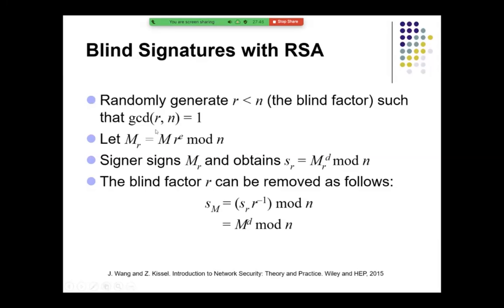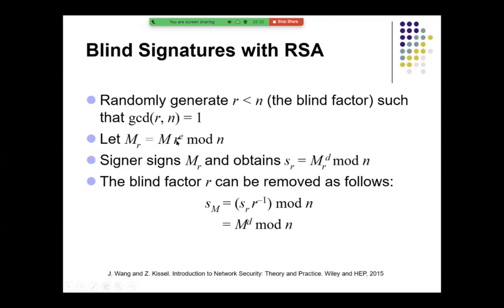And the signer has a set of RSA keys: N, E and D. E is the public key, and D is the private key, and the signer uses D to sign this message M. So this is what I want. I want the signer to provide M to the D's power mod N to me, because that is his signature on M. But I don't want the signer to see M.